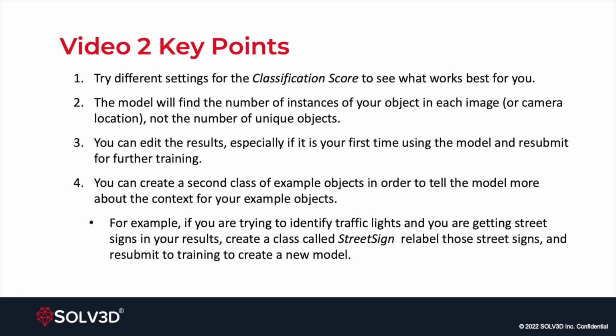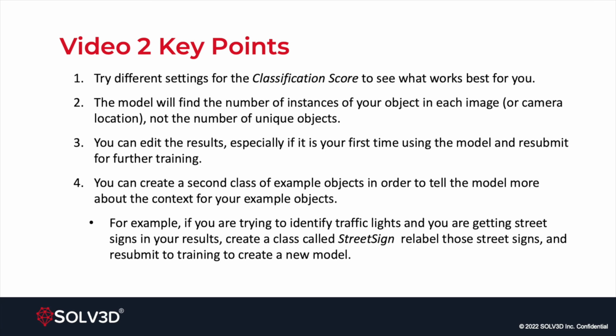The model will find the number of instances of your object in each image or camera location, not the total number of unique objects. You can edit the results, especially if it's your first time using the model, and resubmit for further training if you need to.